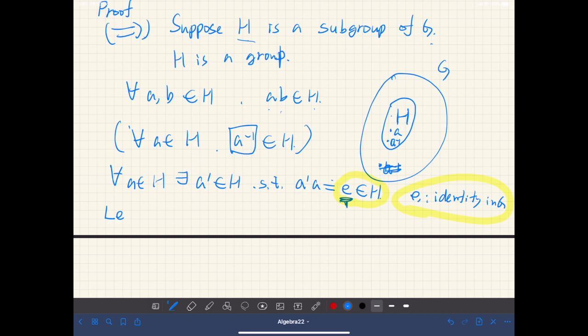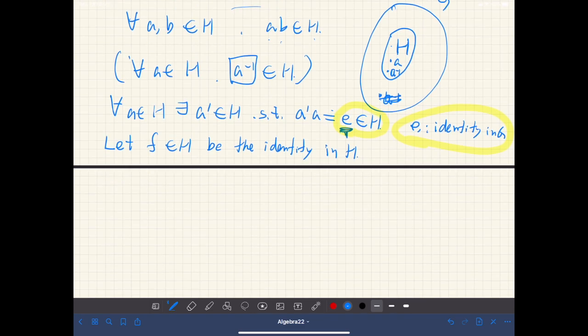So since H is assumed to be a group, let F be the identity element in H. Okay, so instead of E we write here F. So A prime A is F, which is the identity element in H. So consider F squared.